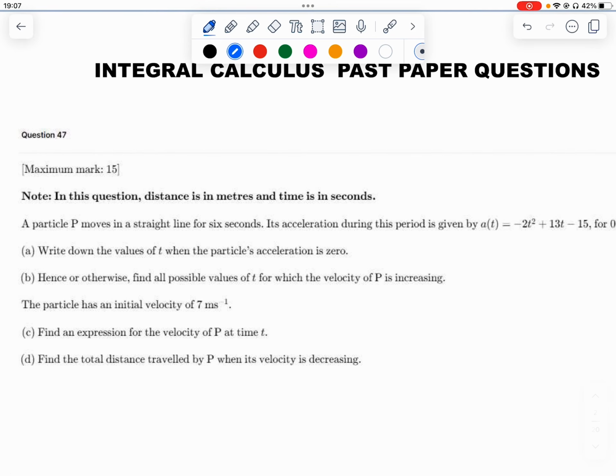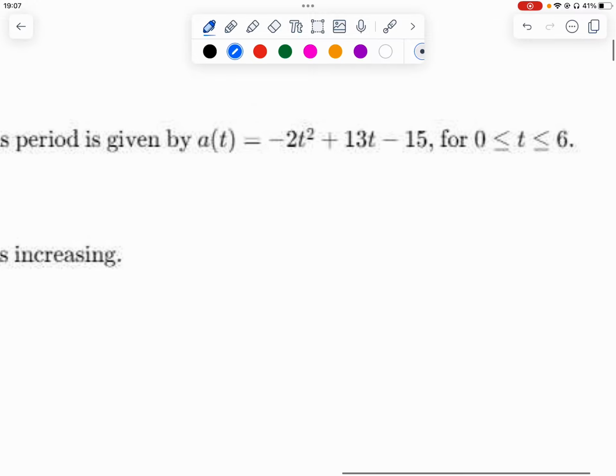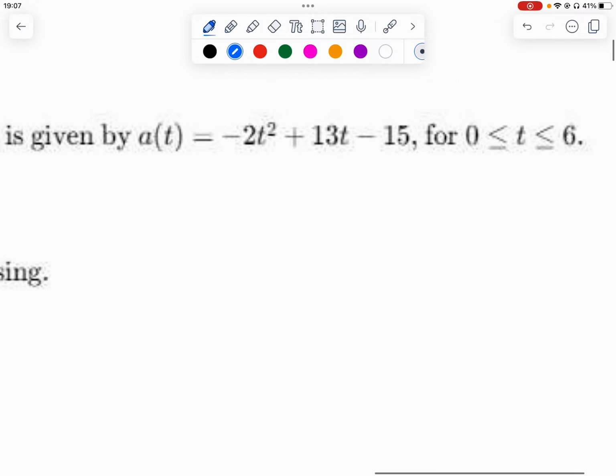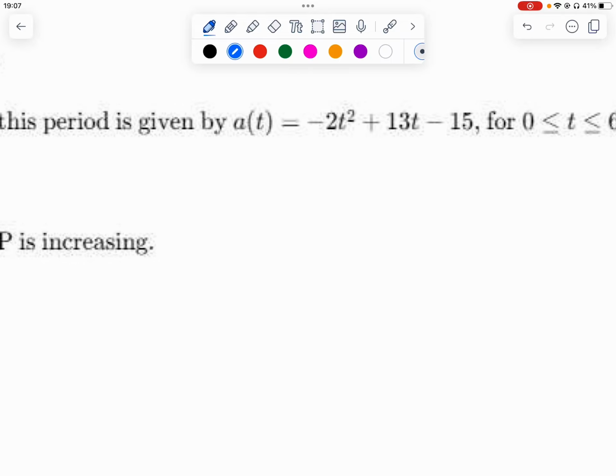Now coming to question number 47. In this question number 47, the distance is in meters, time in seconds. He gave that acceleration, one function has been given, minus 2t square plus 13t minus 15, where t lies between 0 and 6.